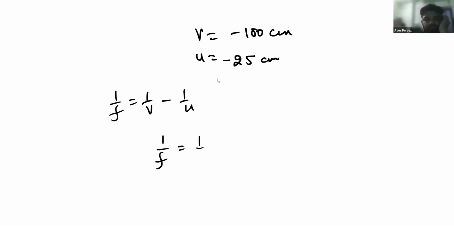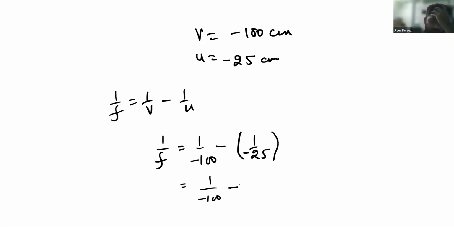What is v? It is minus 100. Then minus of 1 by 25, so 1 by minus 100, then minus, and this is minus u. These two minus signs will become plus, and you will get plus 1 by 25.